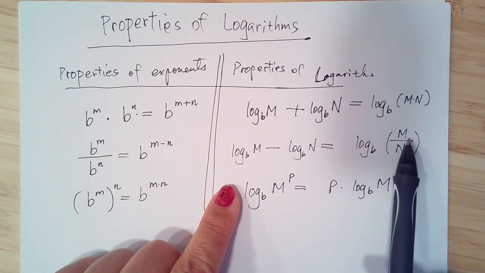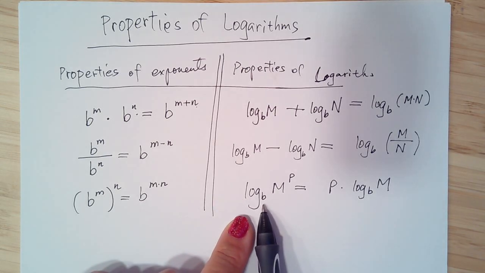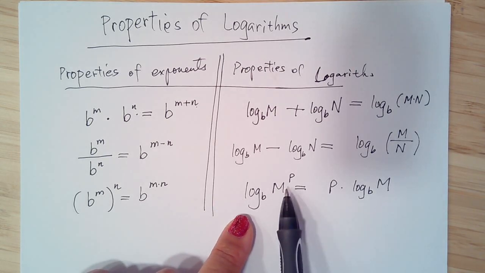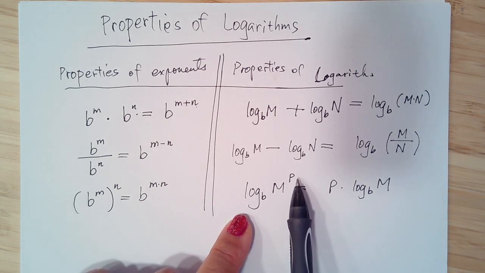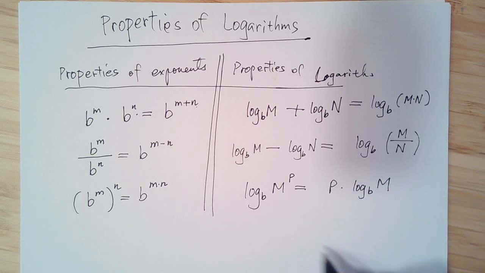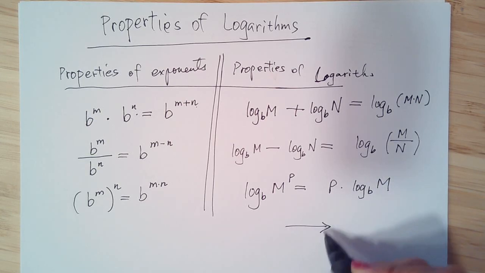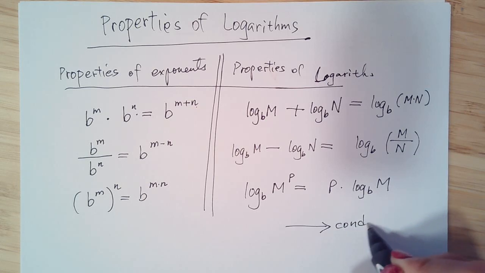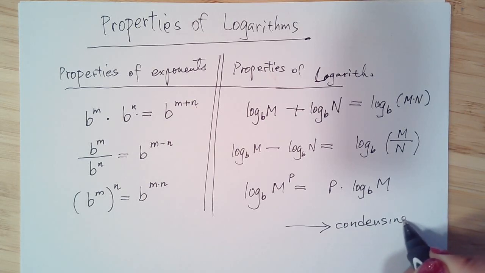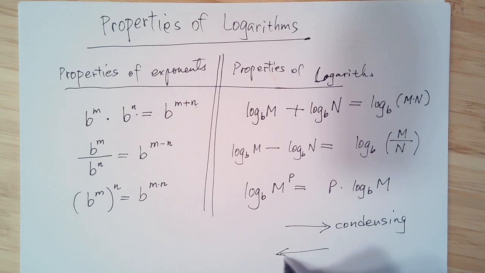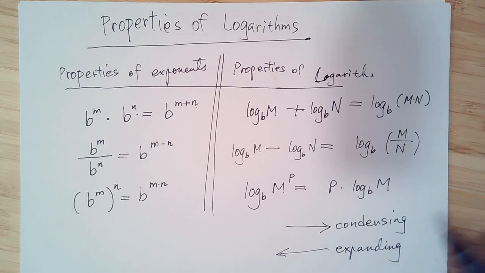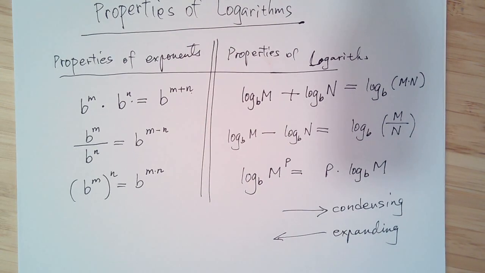And the log of a guy to a power, we can just bring the power in front of the log. From left to right, we call this condensing. From right to left, we call that expanding. Expanding, you get more terms, isn't it? Okay.